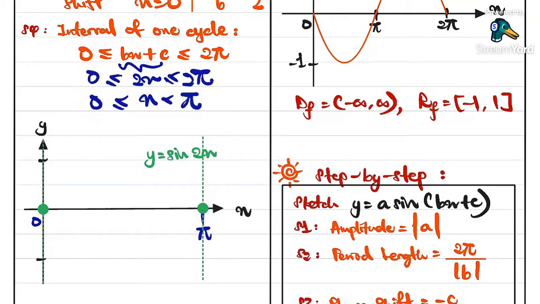And then you must have the amplitude, isn't it? The amplitude is 1 and negative 1 because of the position of it. So you can write down the amplitude is 1 and negative 1. And then don't forget to put the dotted line, as I said, so that you know this is the only region, the only cycle that we want to draw inside here.